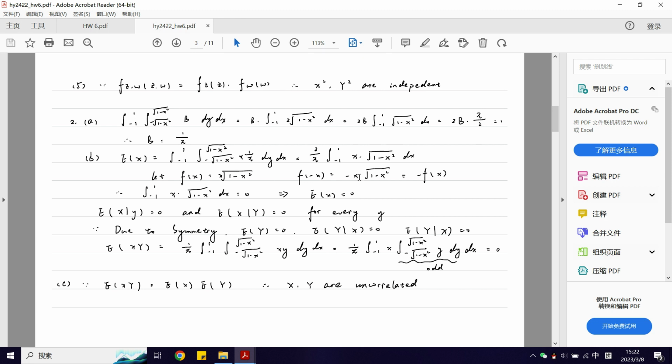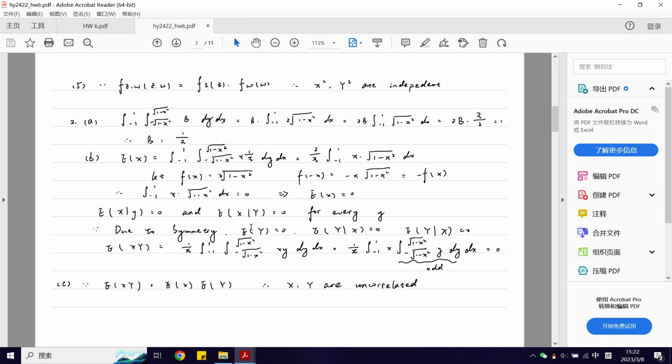After that, I let fx equal x times square root of 1 minus x squared. So we can get that f of negative x equals negative fx, which means fx is an odd function. So the integration of the odd function from -1 to 1 is 0. So we can calculate that the expectation of x is 0.